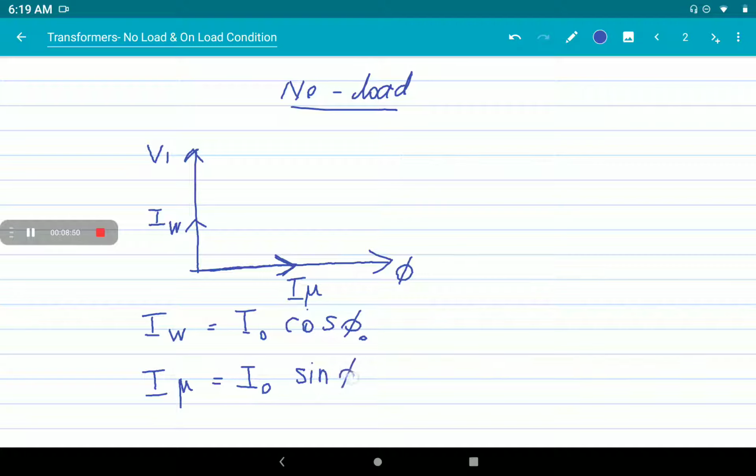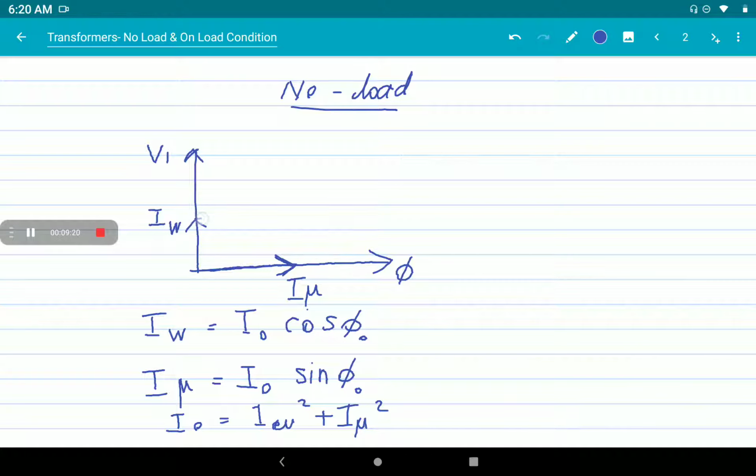So what will be the total no load current in the primary winding? Obviously it is I0. I0 is the vector sum of IW and I mu, that is, the square root of IW square plus I mu square, or the vector sum of these two values.